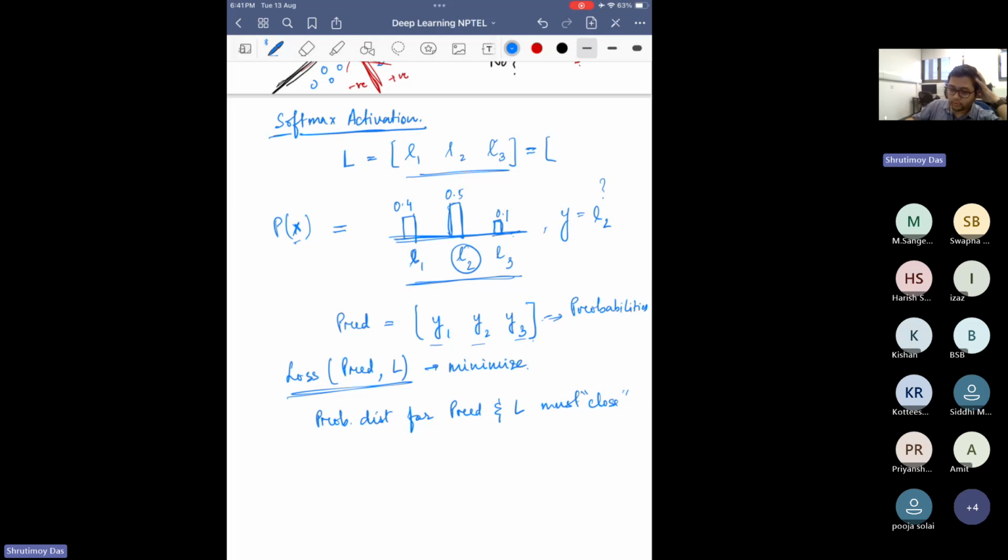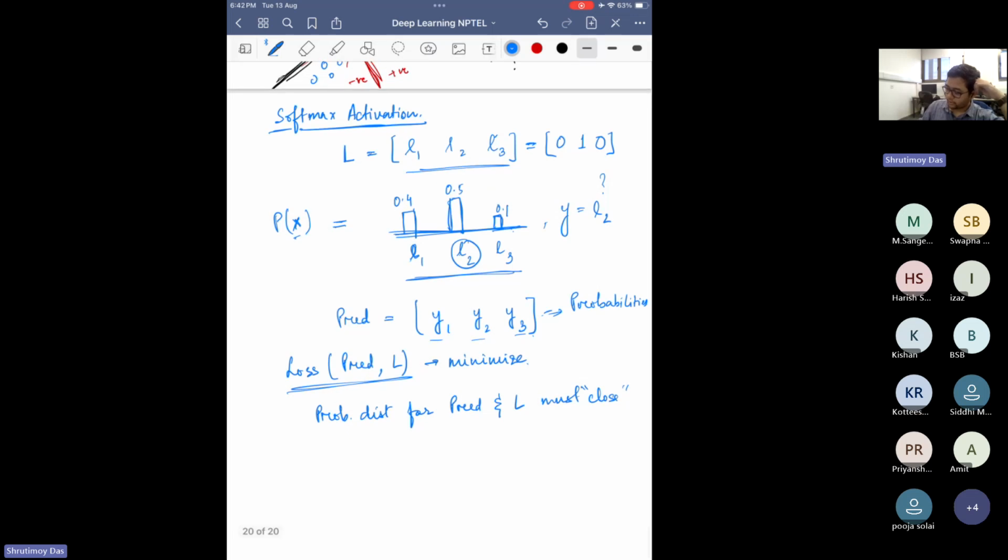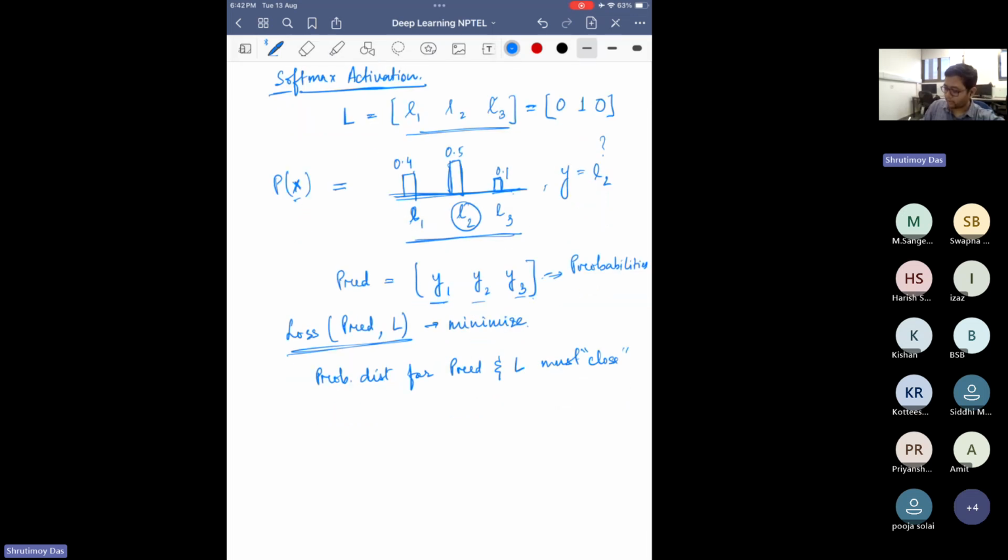So the probability of that object belonging to L1 is 0, belonging to L2 is 1, and belonging to L3 is 0, right? And now you predict something, and you want these probabilities to be close to this. But you have something y1, y2, and y3, which is not there right now. We want something like this.